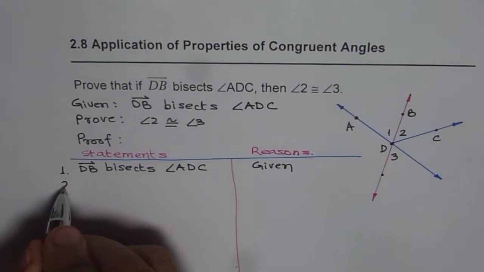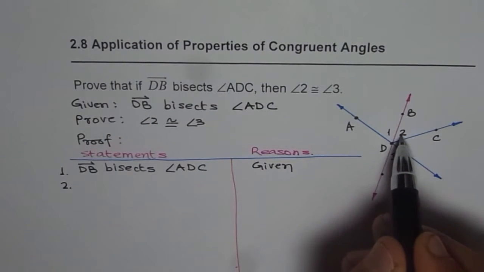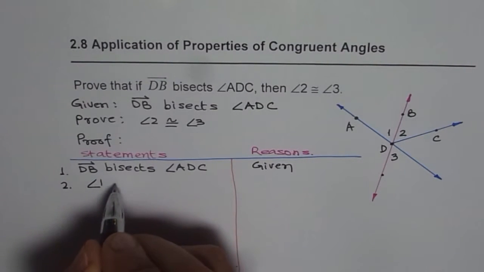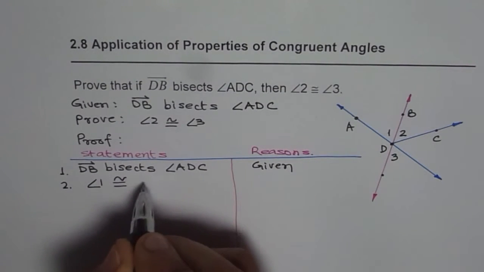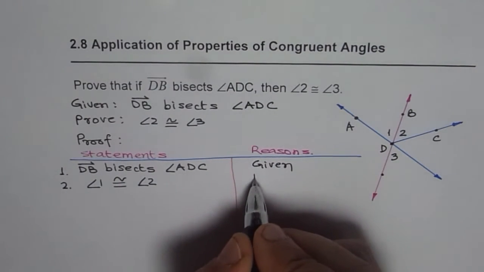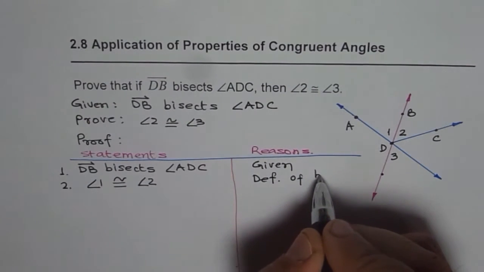It really means if DB bisects ADC, that means angle 1 and angle 2 are congruent, correct? So that means that angle 1 is congruent to angle 2, right? That is from the definition of bisecting angles, right?